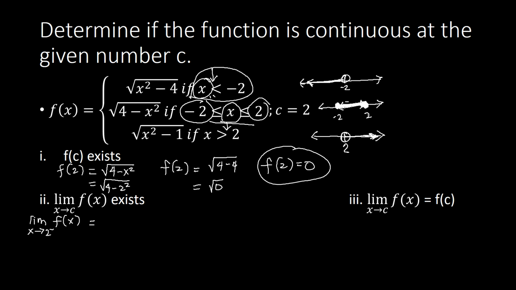So that means we're considering the second function as our function. So we have now the limit of the square root of 4 minus x squared as x approaches 2 coming from the left side.